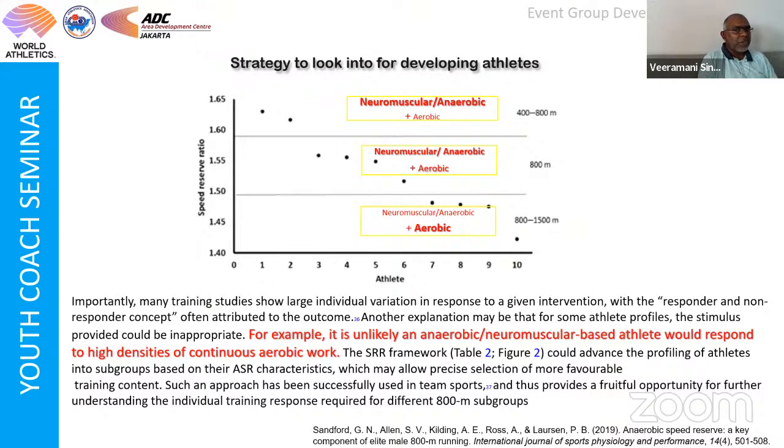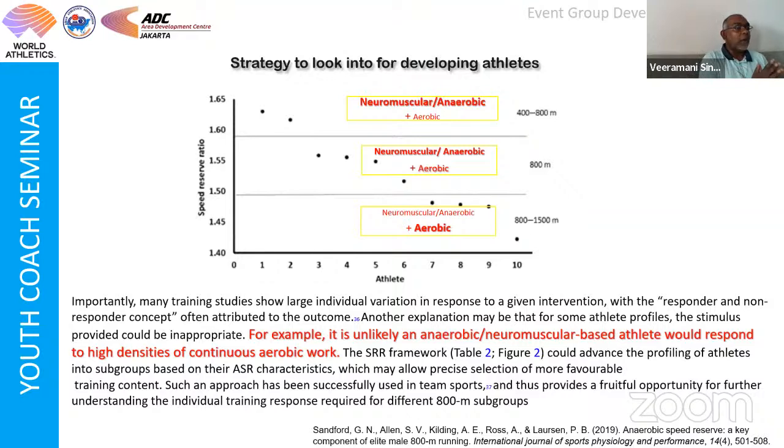These three groups of runners have what I call a different response to training, because they are predominantly able to exhibit a certain energy system. So what we need to be mindful of when we prepare athletes going into this specialization is to see which training response they are able to give better.